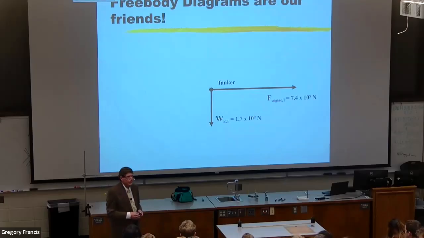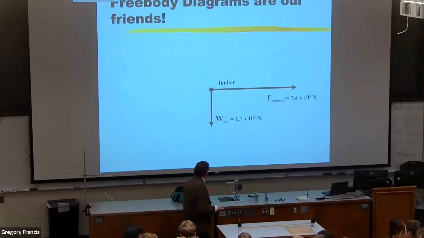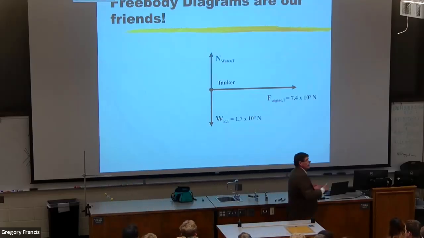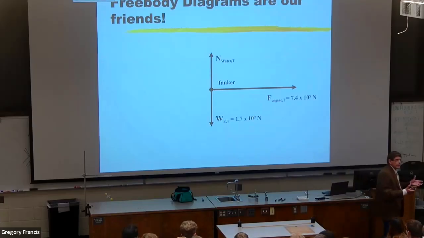It's that simple. Now, we were told that there was an upward force by the water. We call that the buoyant force, and we're going to handle that later in the semester. It's one of the more interesting forces in nature. But we don't need a name for it to know that it's upward. We were told that in the problem.